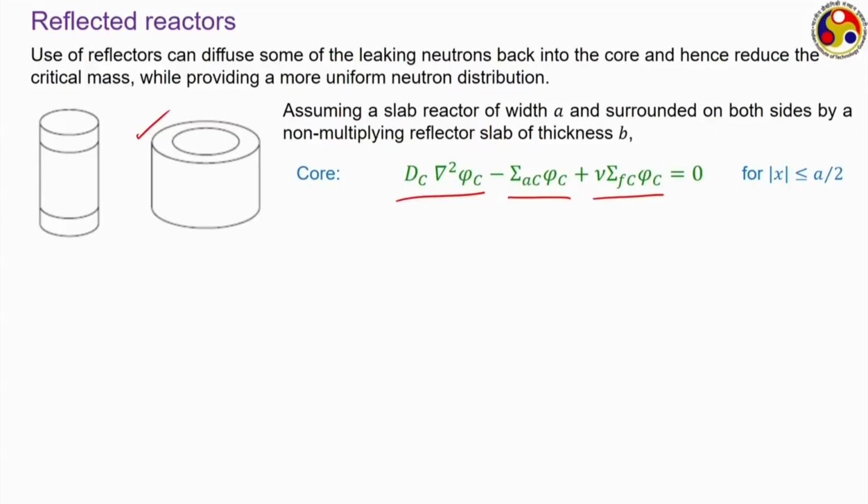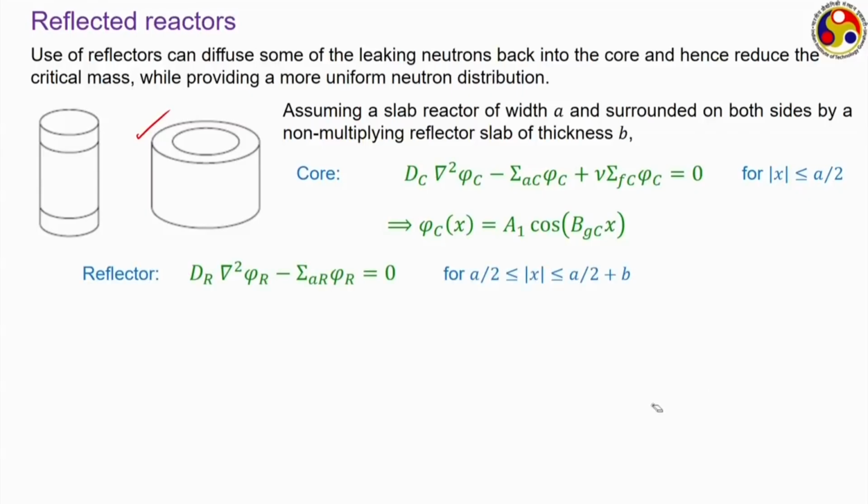The subscript c refers to the core, so phi c refers to the distribution of neutron flux inside the core. This equation being standard, we get this solution. One of the coefficients, as was mentioned earlier, in order to keep the neutron flux finite at the center line, the sinusoidal term goes out, and only the cos term remains.